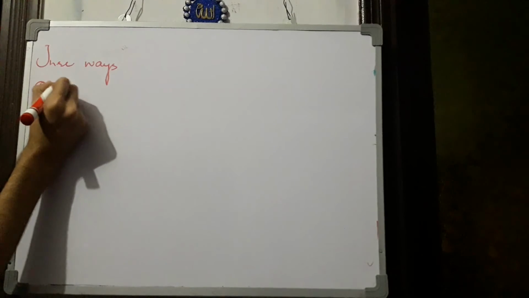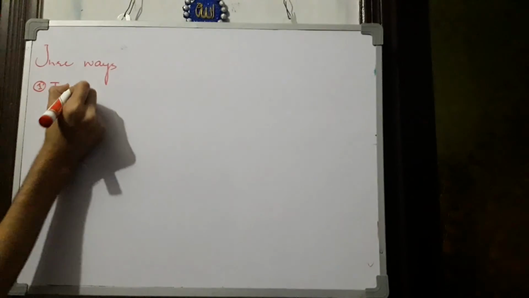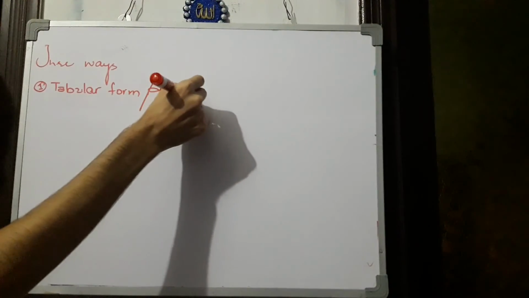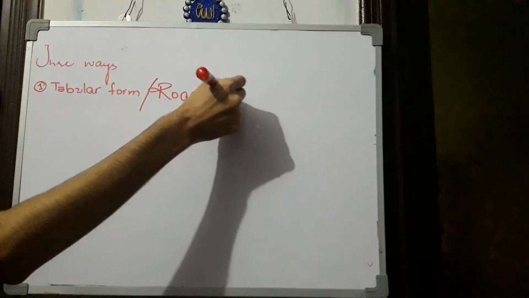Number one is tabular form. We have another name of tabular form which is roster form.